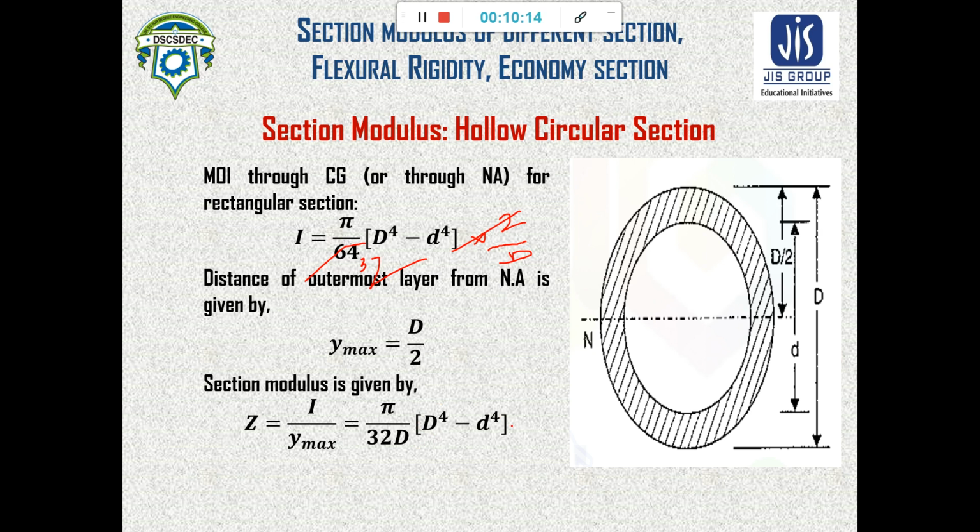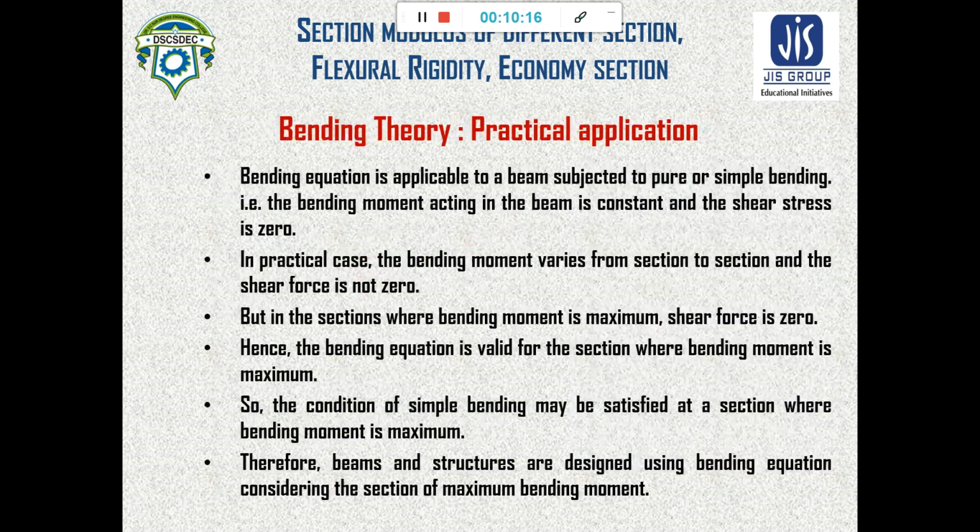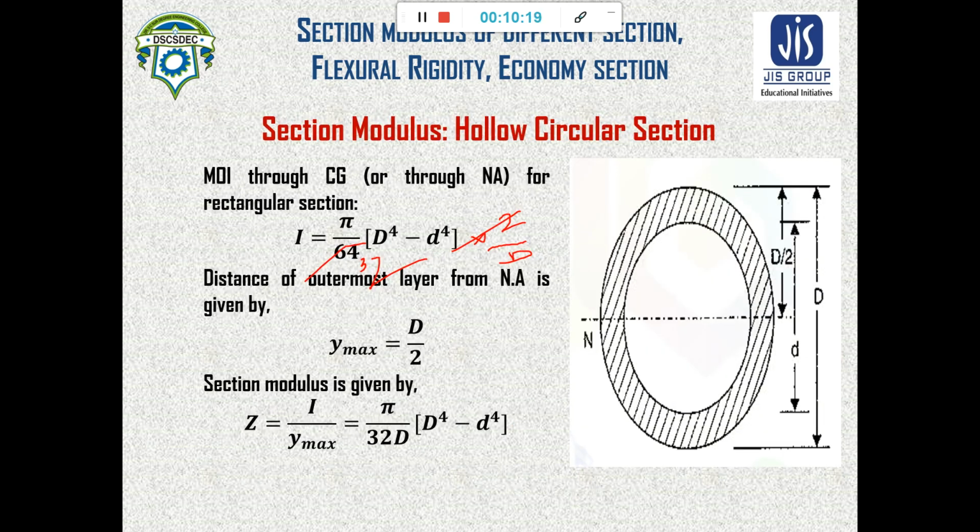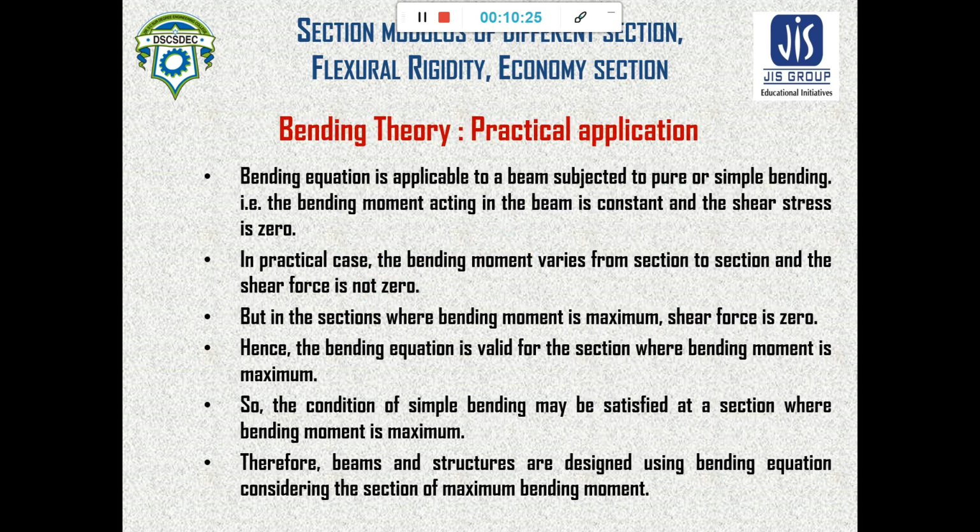So this is the section modulus part, and next we will see some practical applications where the bending equation can be used practically. The bending equation is applicable to a beam which is subjected to pure and simple bending. So only in the case where only the bending moment is there can we use this bending equation.